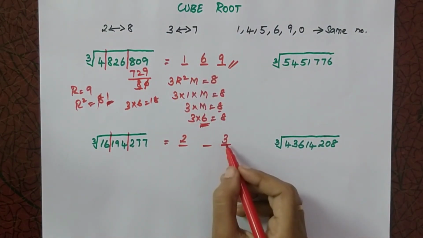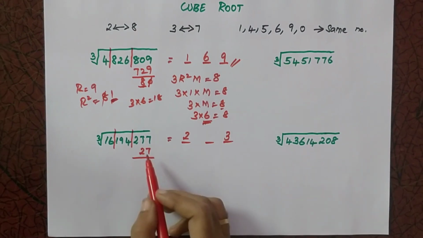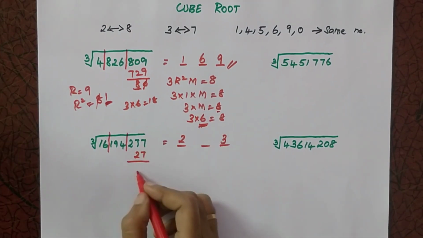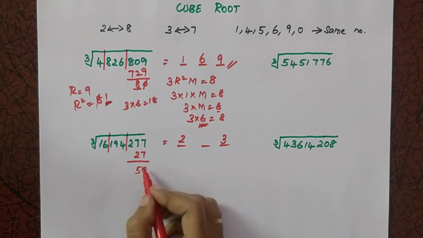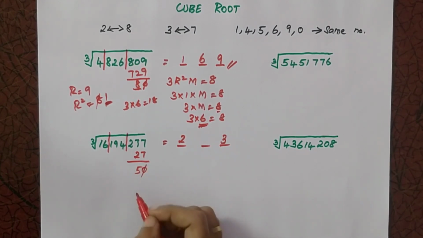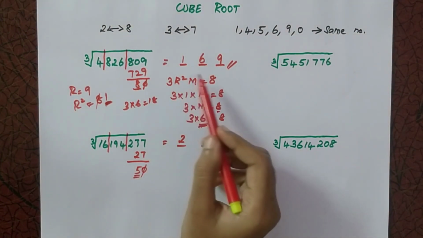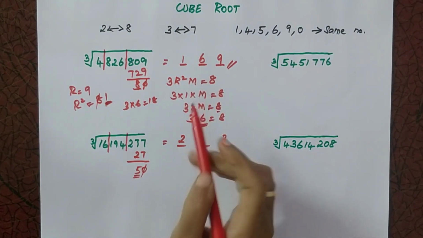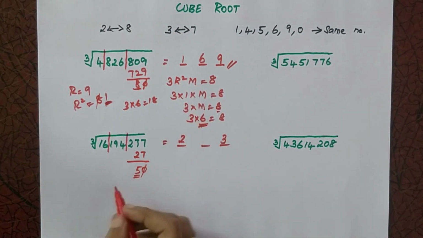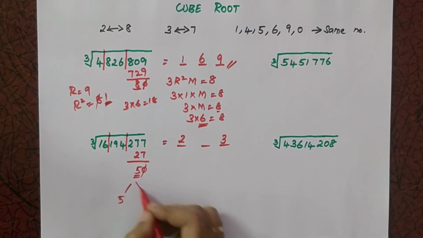The next step is to find the difference between the last 2 digits and the cube of 3. So you will get 50 here. You can ignore this 0 and take this 5. If you get 5 as a remainder, then you don't need to calculate 3r square m. You can straight away write either 5 or 0.